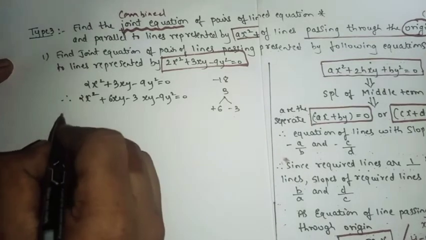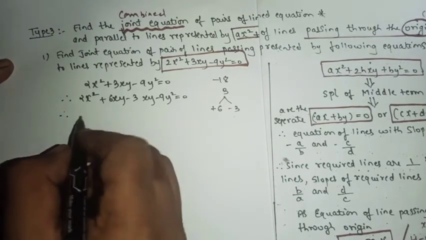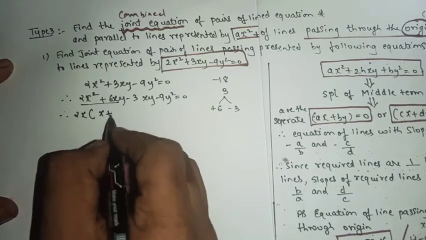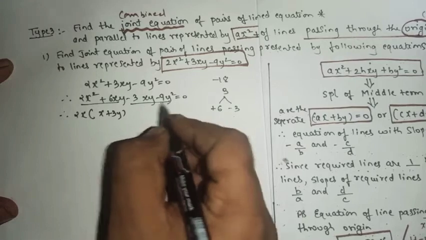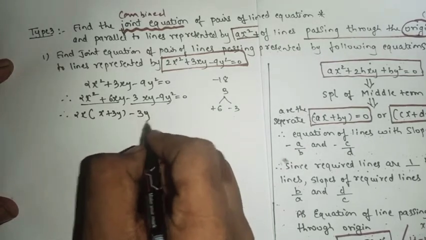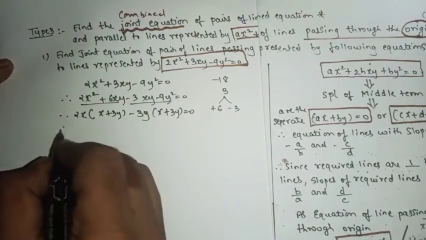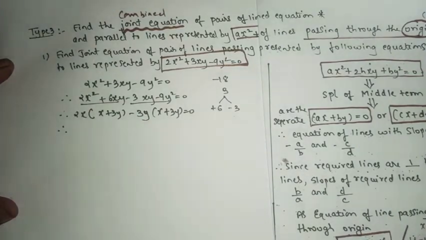So after that, here the common is what? 2x. So here you will get x plus 3y. For the common you will get 3y. Inside the bracket it will be same. Yes or no? You all might be knowing how to solve by the factorization method. Yes or no?